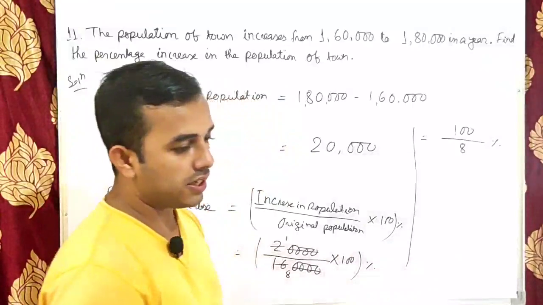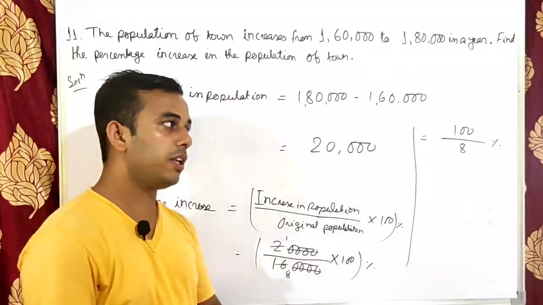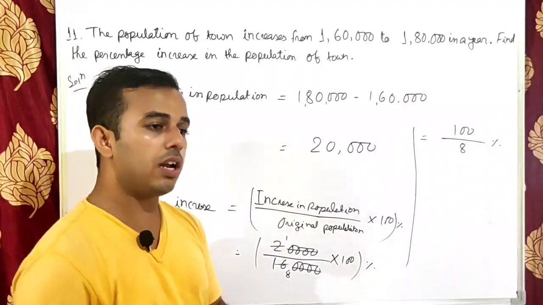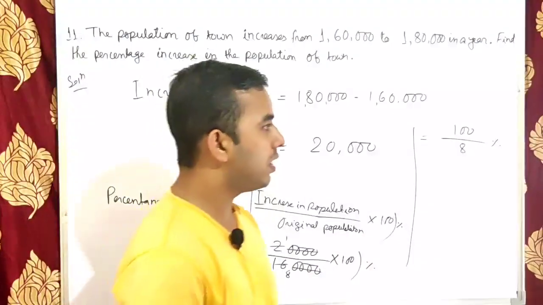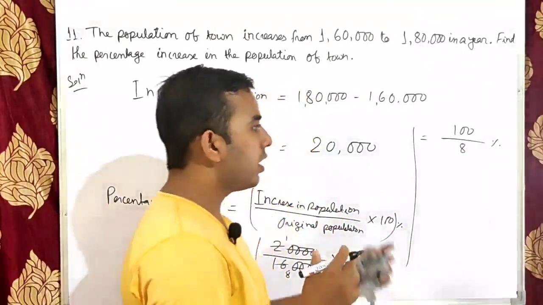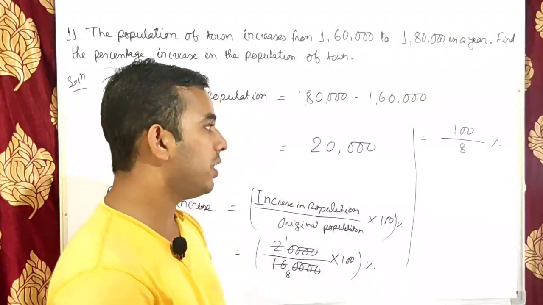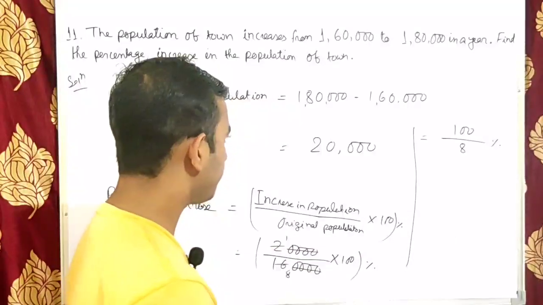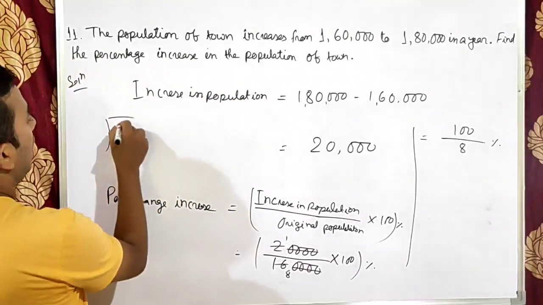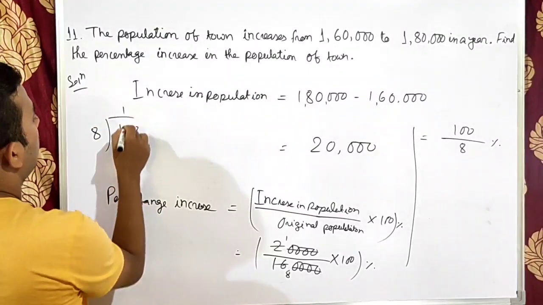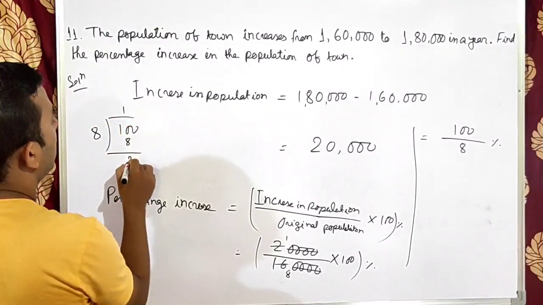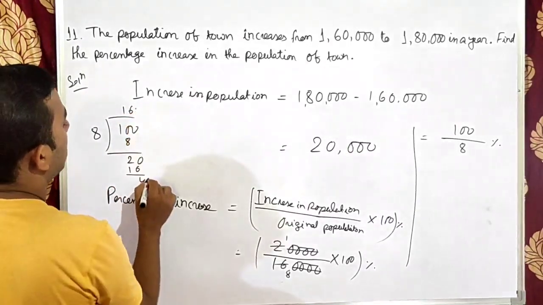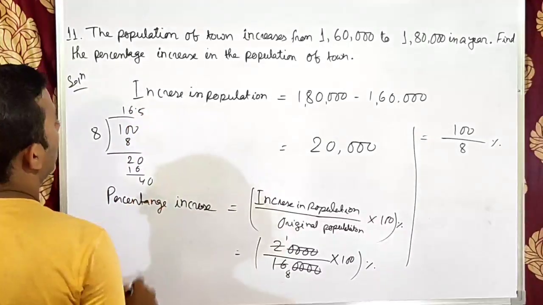Now our standard form is what? We have to convert it into a mixed fraction. If a decimal comes, or a fraction that is further divisible, we can convert it to a mixed fraction. So we will convert it into the mixed fraction. Now 100 divided by 8. 8 into 1 is 8, then 2 0, 8 into 2 is 16.